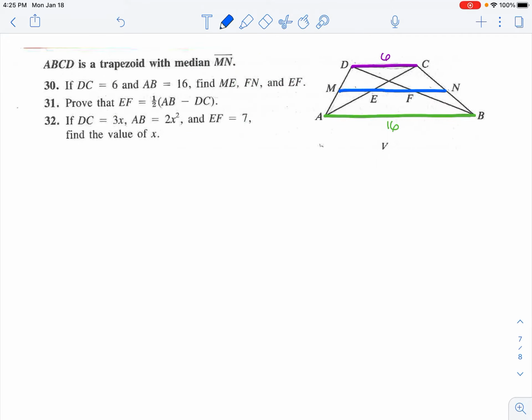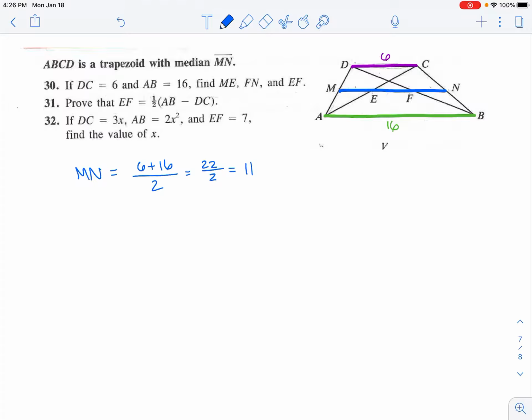To find the length of MN, I'm going to add 6 and 16 all together, and then I'm going to average them, so I'm going to divide by 2. That's going to give me 22 divided by 2. So my entire length of MN here is 11. That we need because we're going to use it and kind of work backwards in a few minutes.